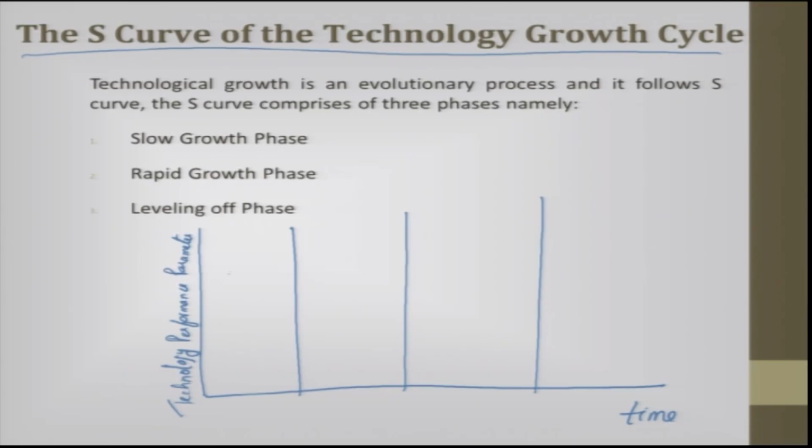So, the first one I would say embryonic, then it is growth, then it is maturity, and the last one is aging. Okay. So, it is almost something like this.